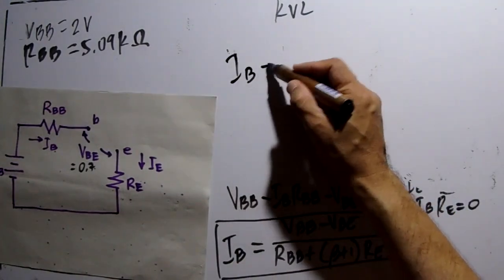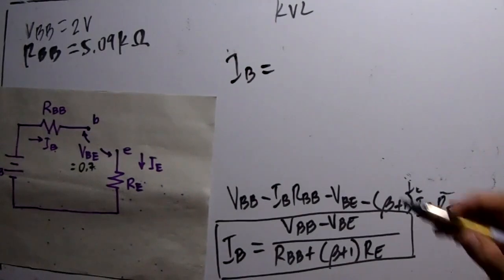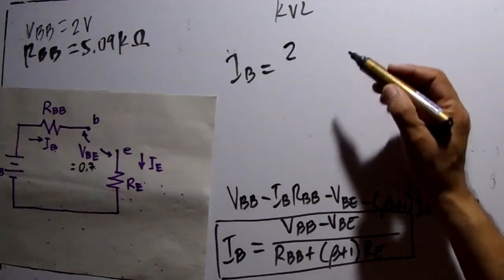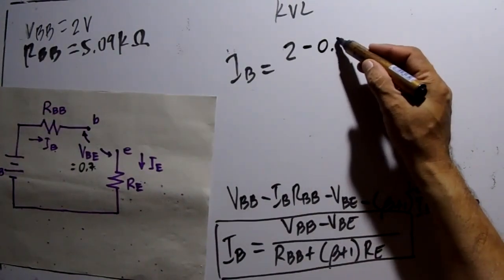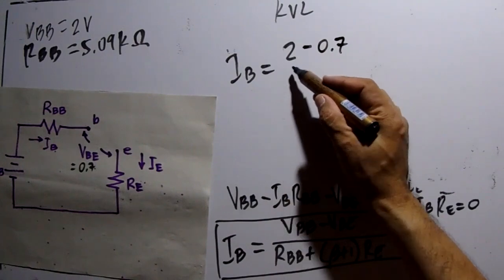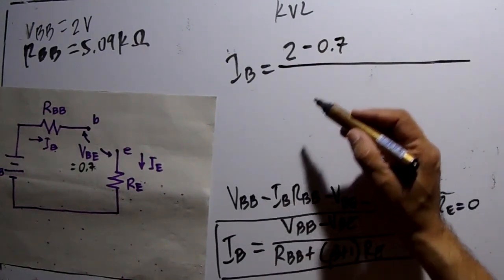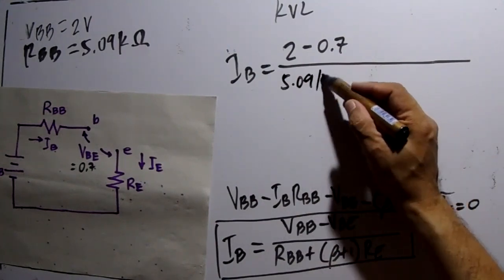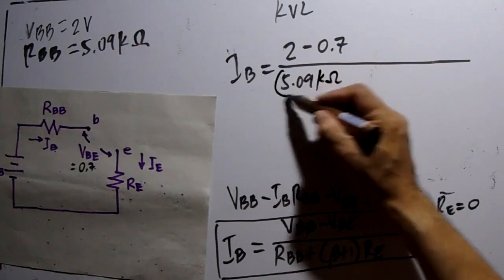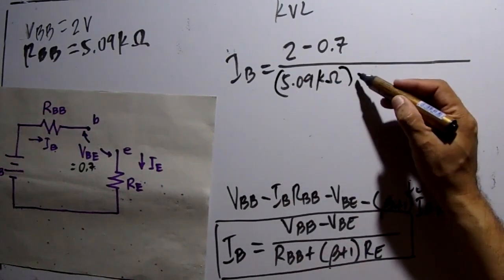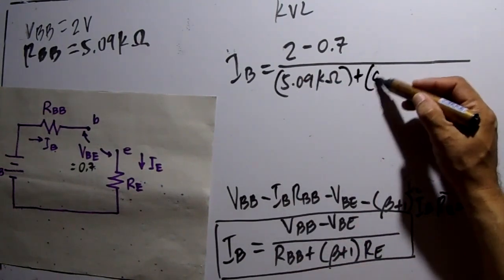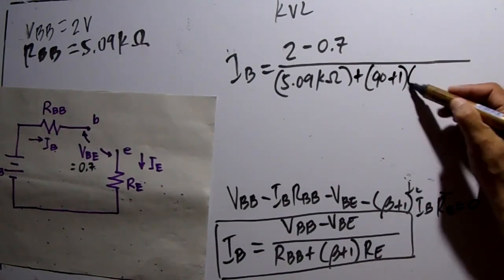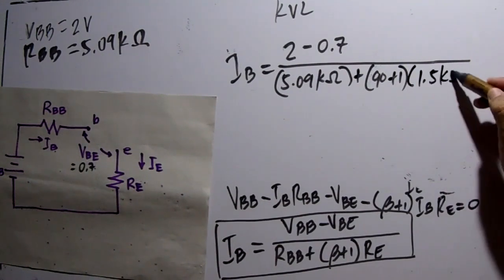So IB is equal to 2, our VBB, minus VBE, which is 0.7, divided by 5.09 kilo ohms for RBB plus 90 plus 1, beta plus 1, multiplied by RE, which is 1.5 kilo ohms.